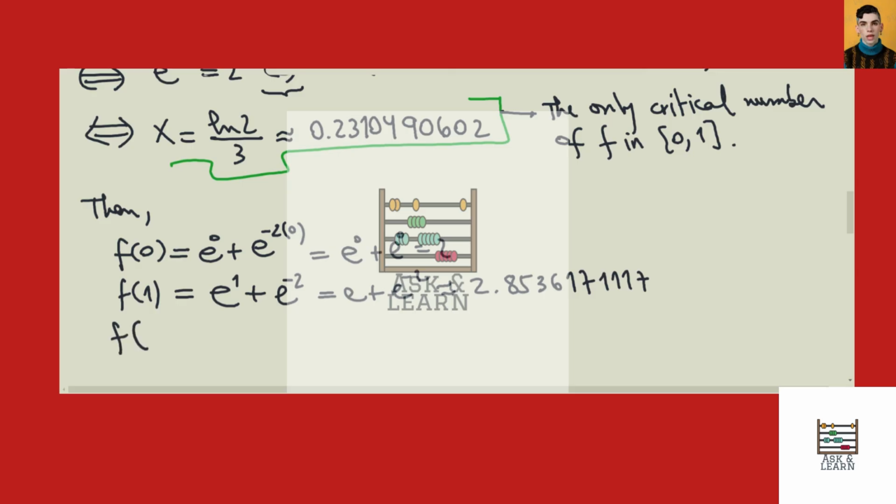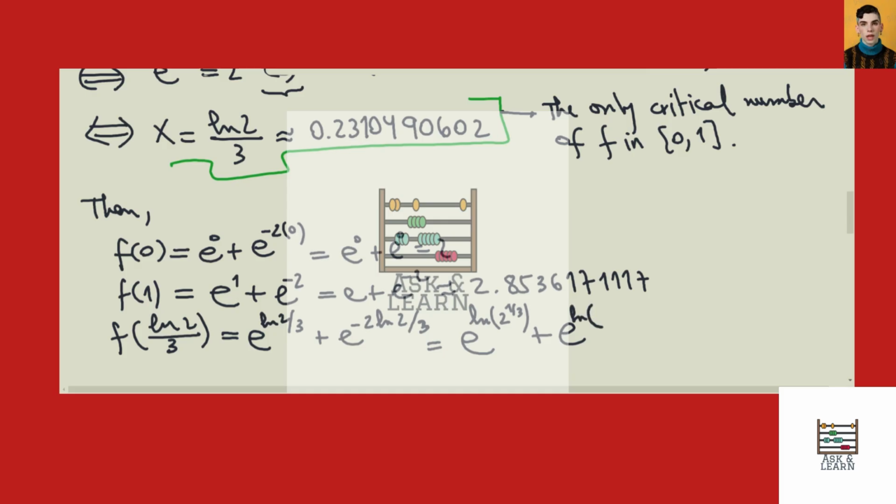And f at the critical number natural logarithm of 2 over 3 is equal to e to the natural logarithm of 2 over 3 plus e to the negative 2 natural logarithm of 2 over 3. And we can write this as e to the natural logarithm of 2 to the 1/3 plus e to the natural logarithm of 2 to the negative 2/3.